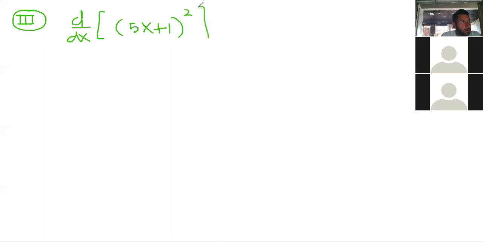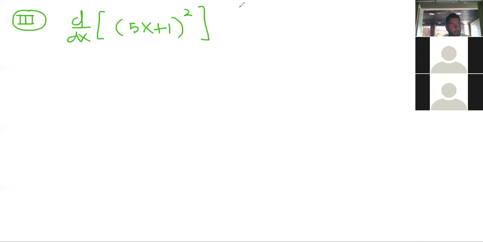Use green. So suppose we want to differentiate this: 5x plus 1, squared.